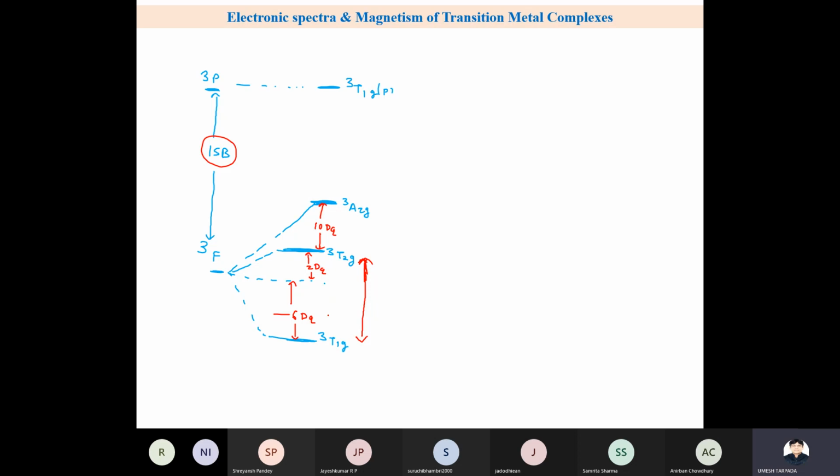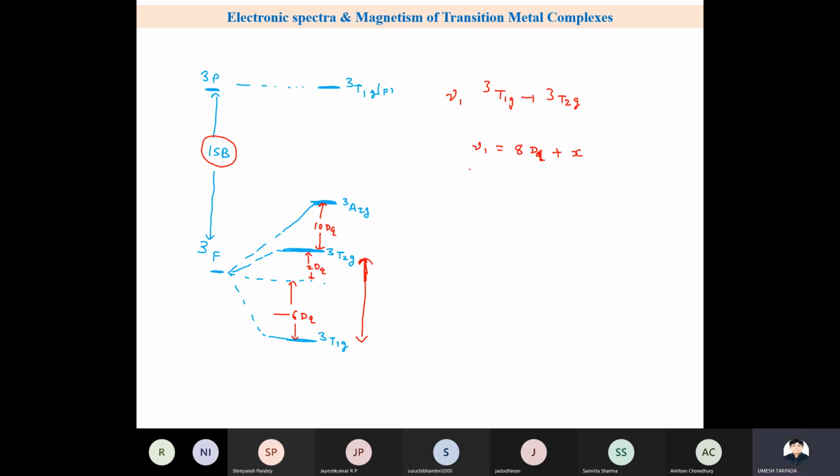That repulsion takes place more or less with the magnitude of, say, x energy value. So the repulsive factor also has to be counted. The three transitions: V1 is T1G triplet to T2G triplet, this is your ν1. So what is the value of ν1? ν1 is equal to total 6 + 2, that is 8 dq, plus you introduce the repulsion energy, that is x.